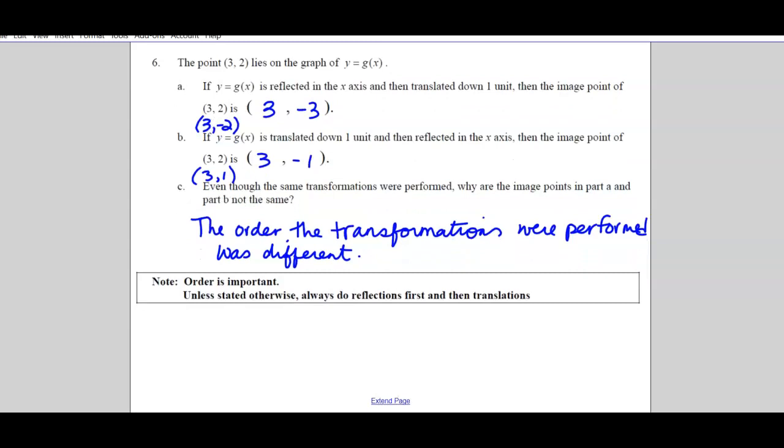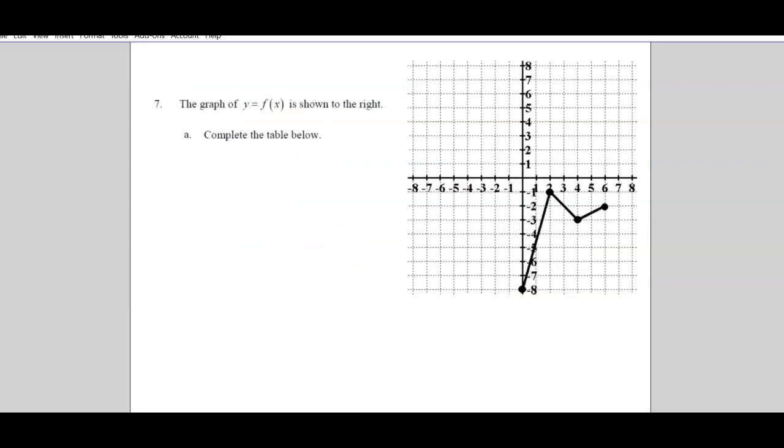Okay, so again, another graph and another chart. So there's your f of x.